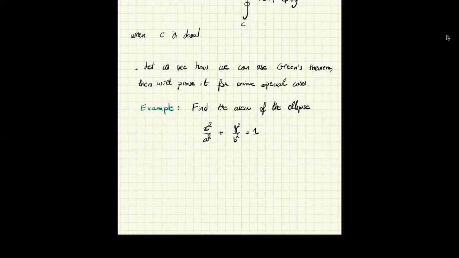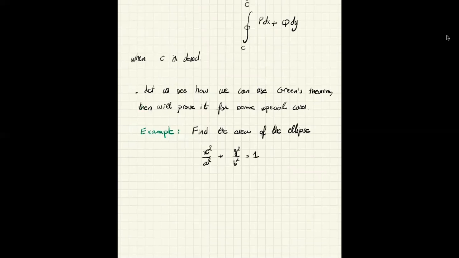So here's the thing. We have the ellipse. And now we will actually create on R2, or put on this ellipse, a vector field, but a very special one.